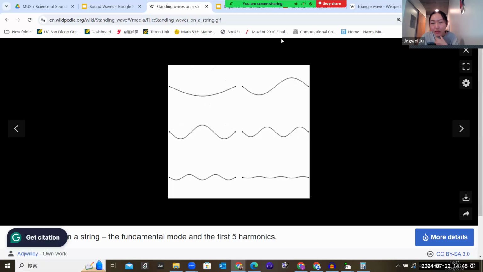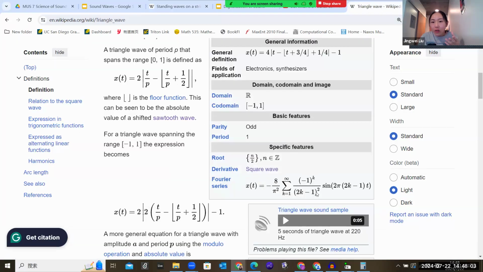So this is why in all those functions here, you can have 2 pi (2k minus 1)t, right? So you only have these integers like 1, 3, 5, 7, where you have those harmonics.